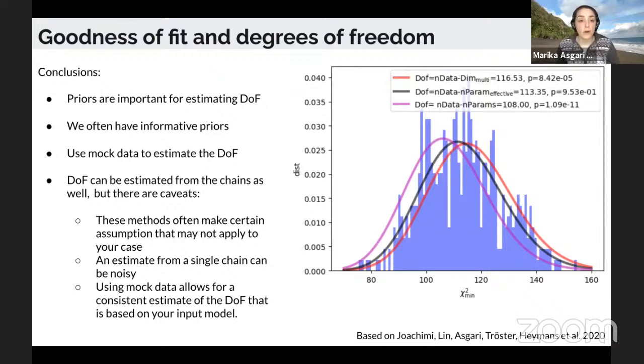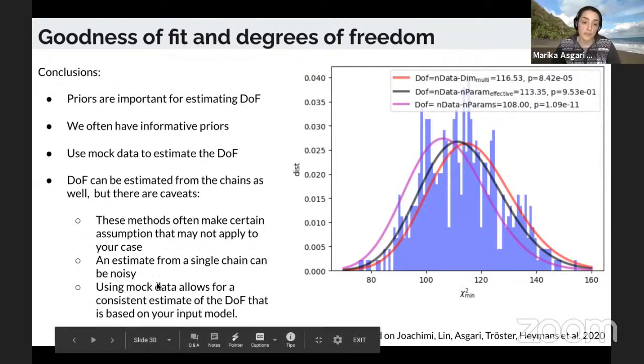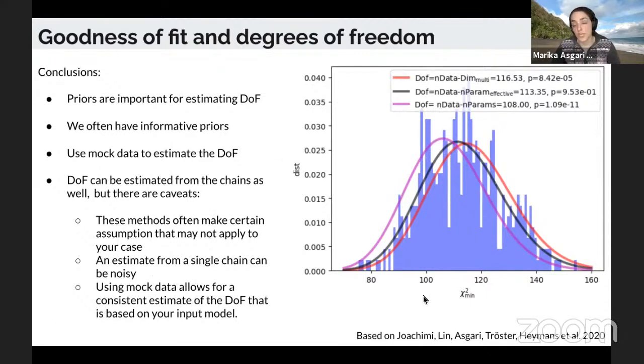But if that's not possible, you can try to estimate it from different properties of your posterior distribution. But you have to make sure that you take into account that these are just estimates, and that if you're just using one chain to get the estimate, you have the noise from the chain as well. So your estimate is going to be noisy.